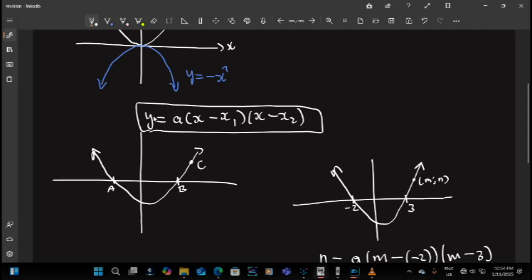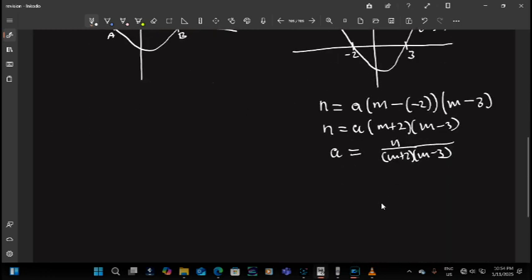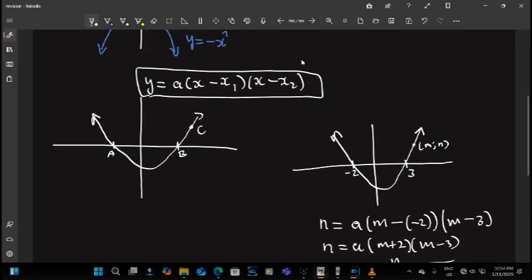So you substitute the coordinates of that point on x and y, and then on x1 and x2 you substitute the x values of the intercepts, and then after that you are going to get something in this form.